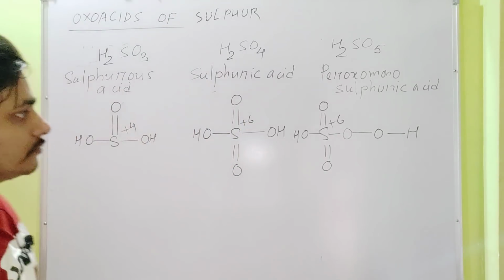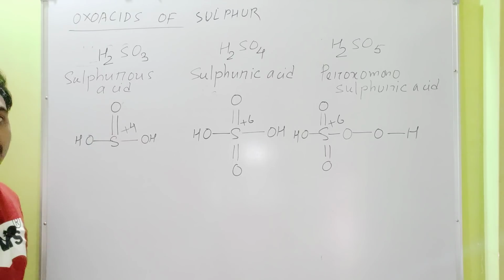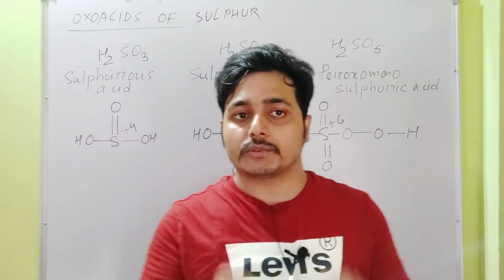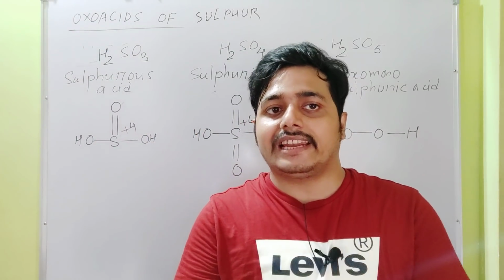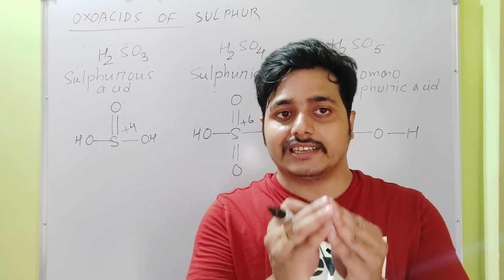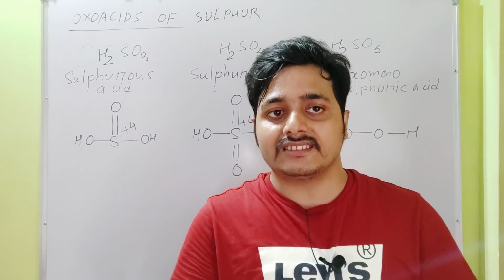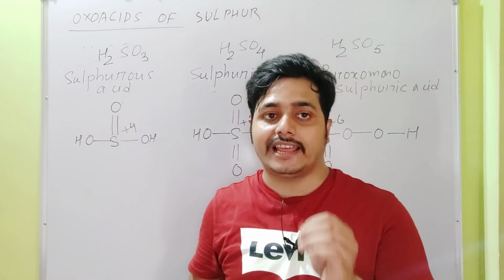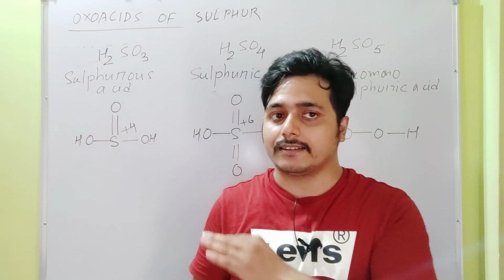Now, lone pair of electrons on the sulfur. Very simple. Sulfur belongs to which group? Group 16. And group 16 elements have 6 electrons in their valence shell. So sulfur has 6 electrons in its valence shell.